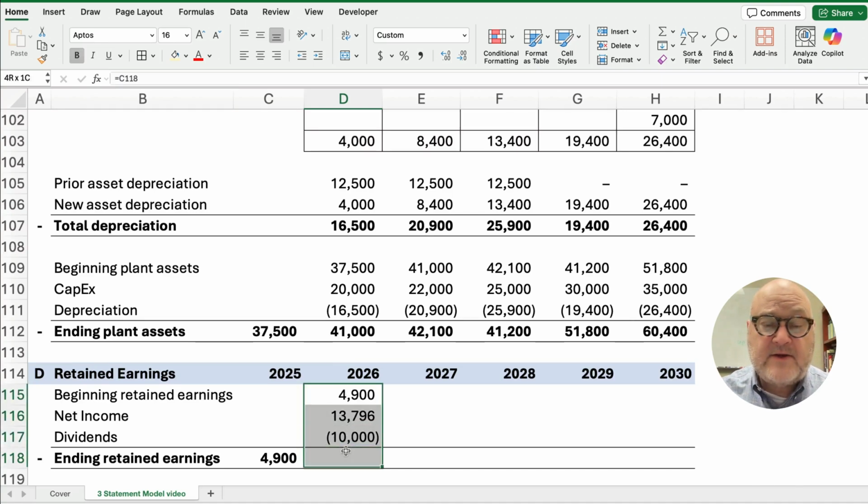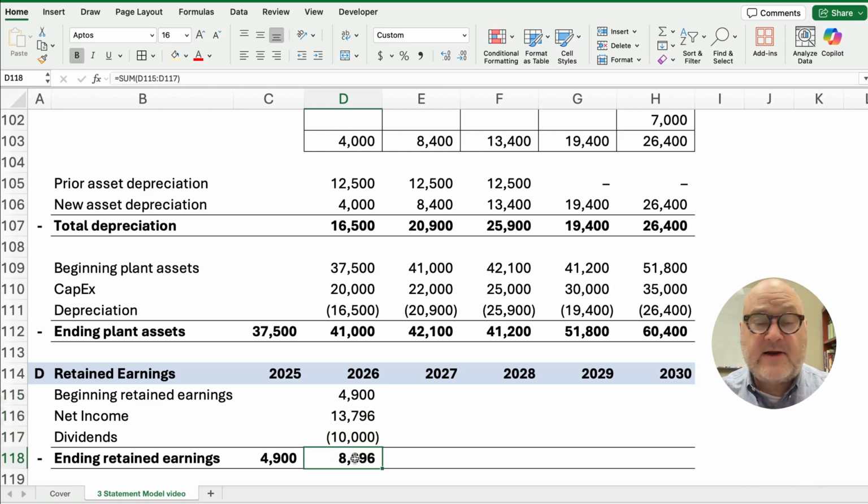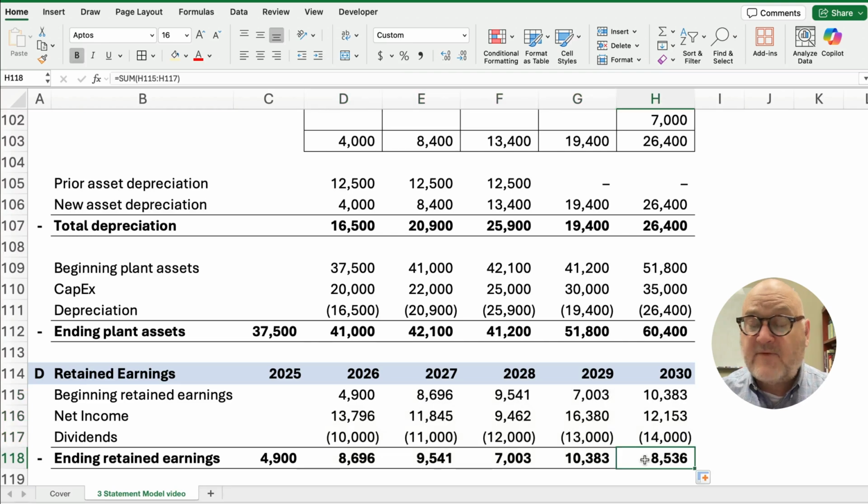So here we can do a total and get our ending retained earnings. We can copy this across now because we built everything with a formula. And so therefore we have ending retained earnings, we add net income, we subtract out dividends, and we're going to have the ending retained earnings all the way through.